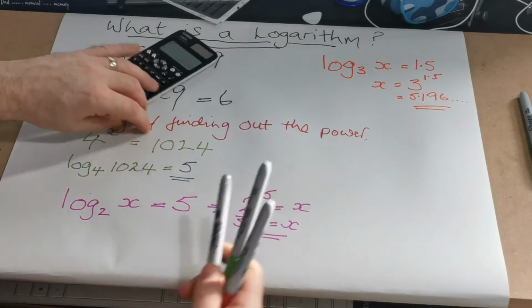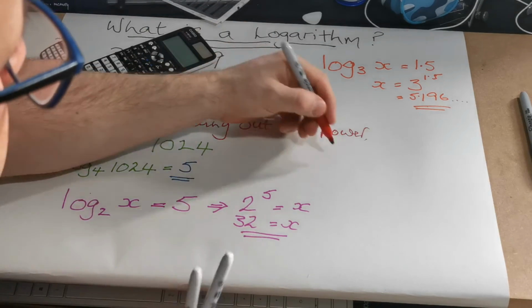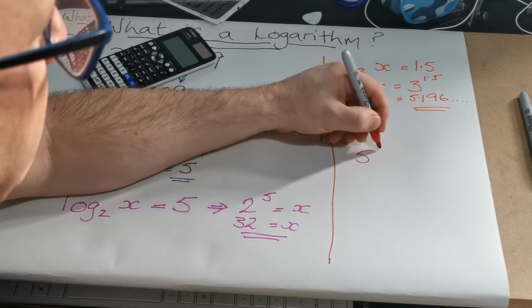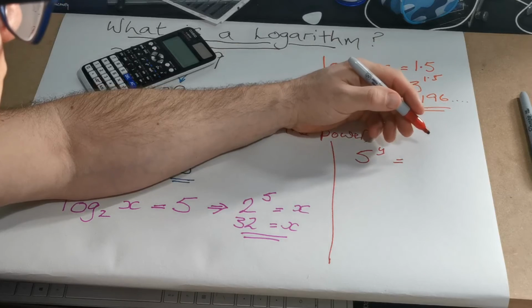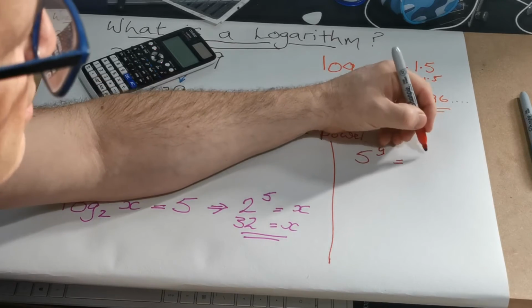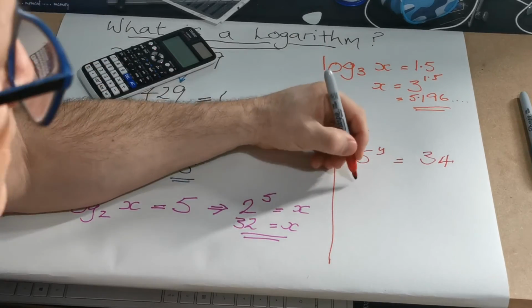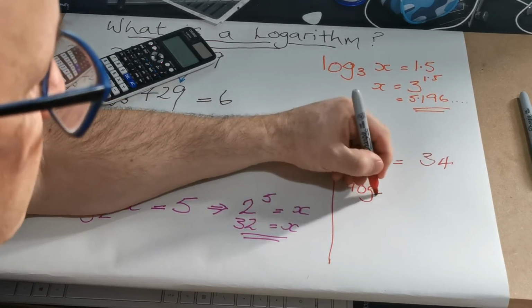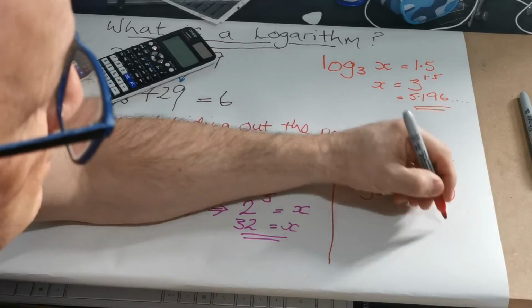And so also I could say, so coming back to the first example, 5 to the power of y is equal to 34, then I would say log to the base 5 of 34 is equal to y.